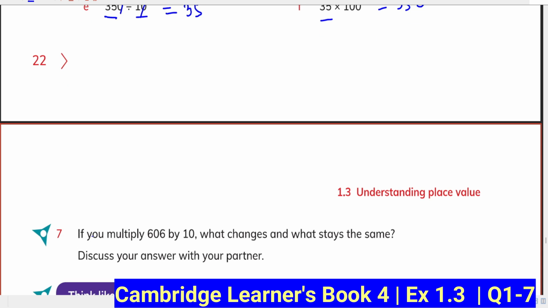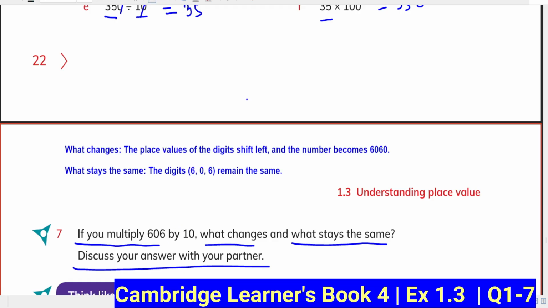Number 7. If you multiply 606 by 10, what changes and what stays the same? Discuss your answer with a partner. So it's 606, digits 6 and 6 remain. So here are two things: first, what changes and what stays the same? Look, what changes? The place value of the digits shifts left and the number becomes 6060.